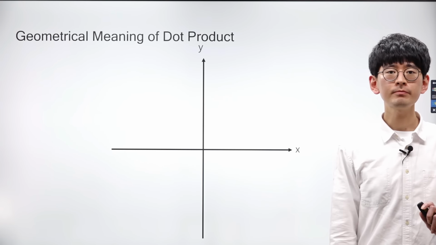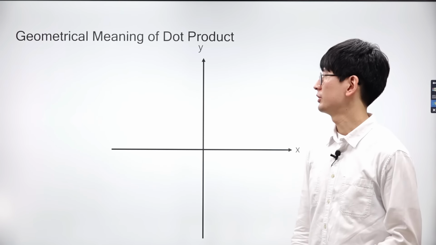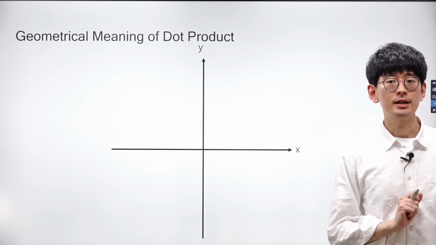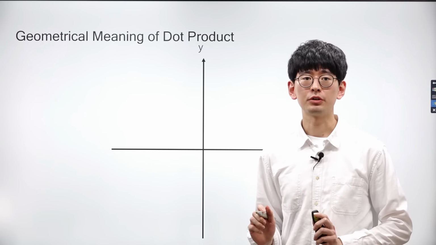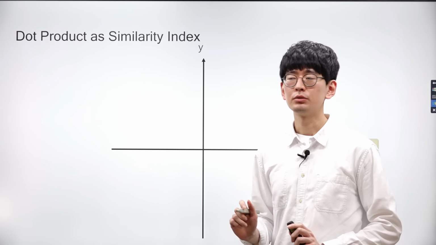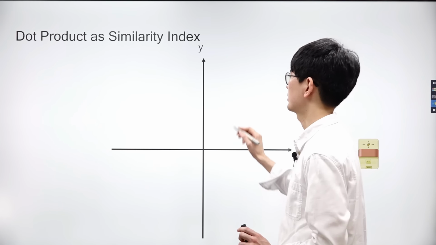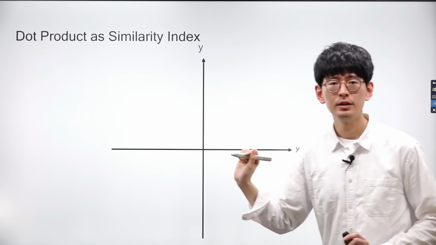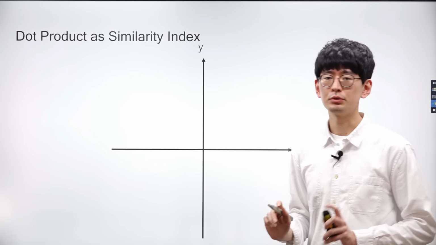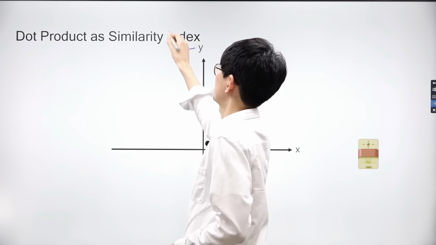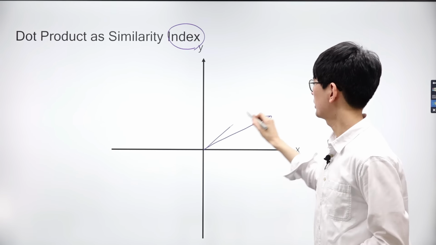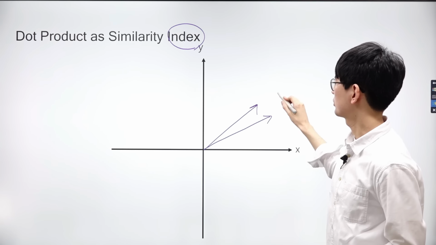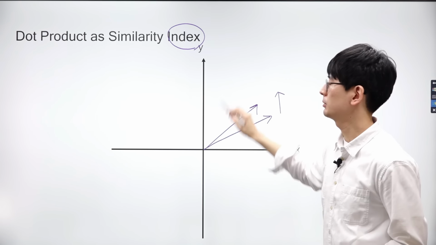It's crucial to remember the geometric interpretation of the dot product of vectors. We calculate the dot product of two vectors when we want to measure the relative movements between them. Thus, we can use the dot product itself as an index representing the similarity between the vectors. If the angle between the vectors is narrow, we'll get a high value for the dot product.